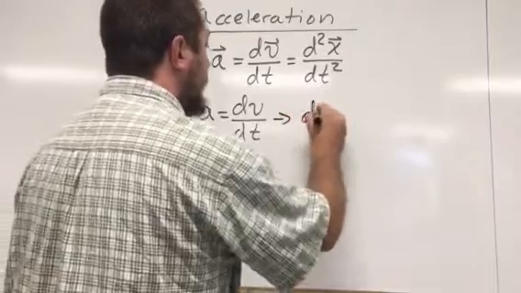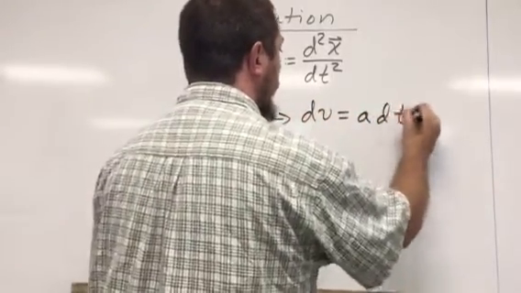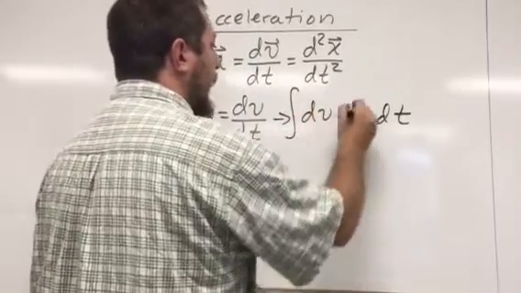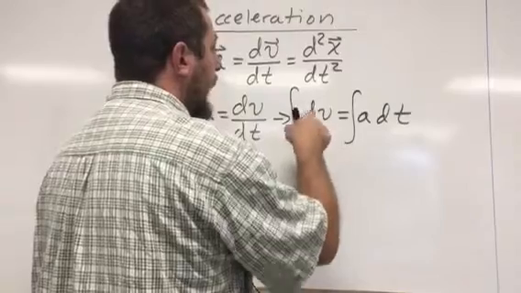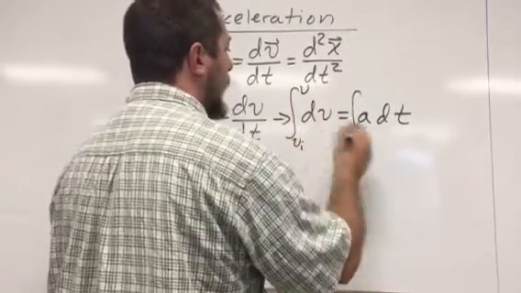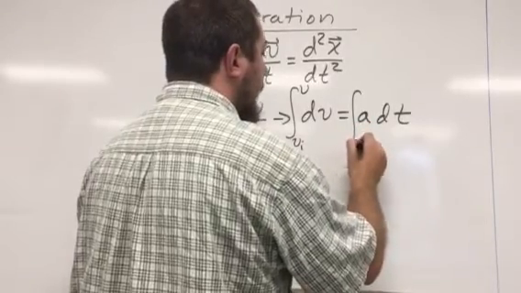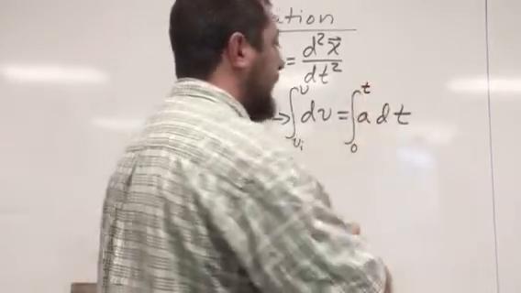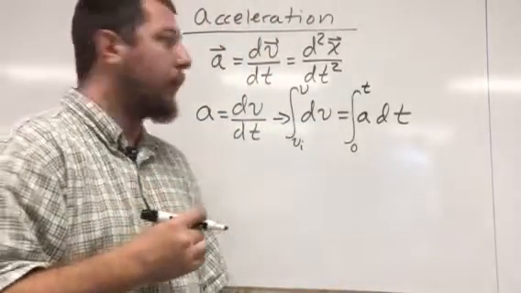If I rearrange it for dv, then this is going to give me a dt, and I can integrate both sides of my equation, from my initial velocity to some final velocity, we'll just call it v, and from t equals 0 to some final time t. So I'm going to assume that my stopwatch almost all the time starts from 0.